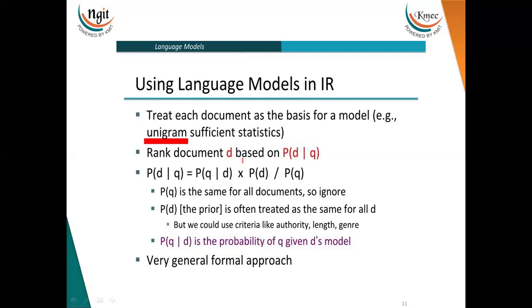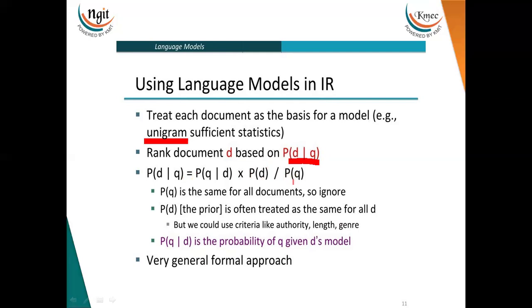Only one term is considered as a token. Then rank the document D based upon P of D given Q. How are we going to do it? Apply the Bayes theorem. P of D given Q will depend on P of Q given D times P of D, divided by P of Q.